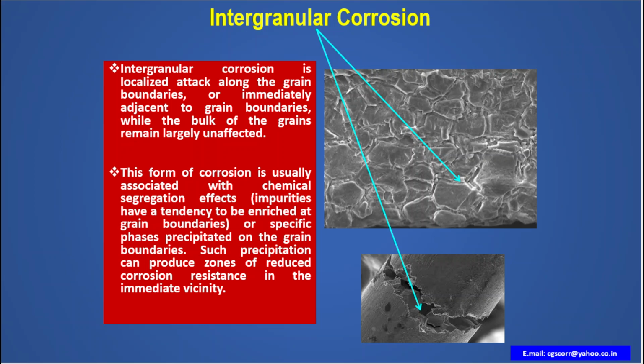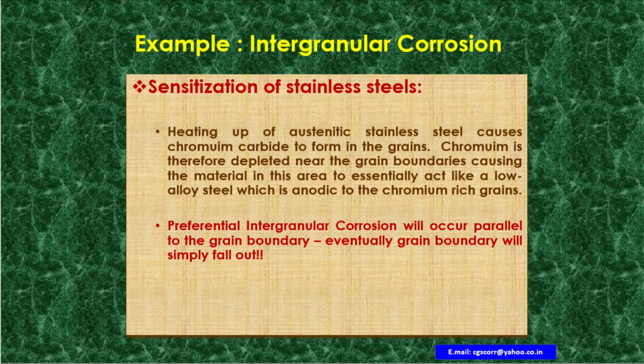Otherwise, specific phases precipitate on the grain boundaries. Such precipitation can produce zones of reduced corrosion resistance in the immediate vicinity. Example of intergranular corrosion: sensitization of stainless steels. Heating of austenitic stainless steel causes chromium carbide to form in the grains.